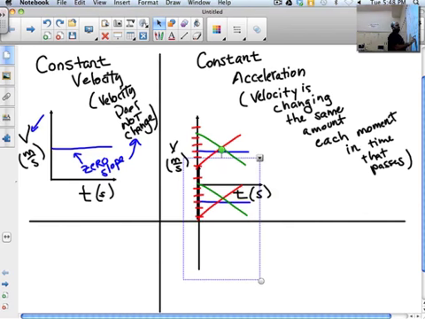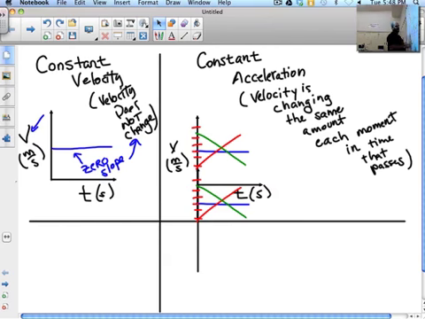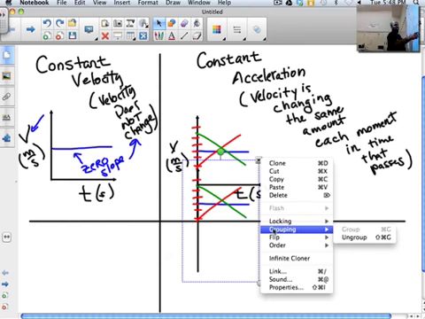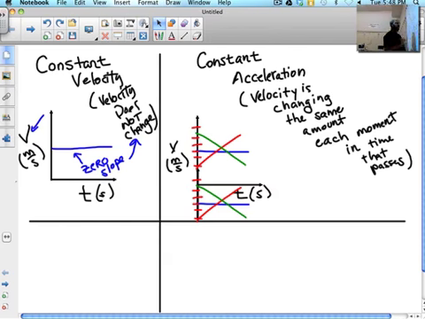Drawing these same exact graphs down here still means the same thing, except, let me ungroup that real quick. All of these are still constant acceleration. The blue line still means that your acceleration is 0.